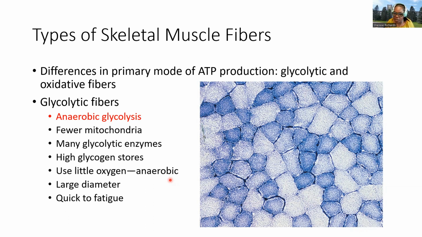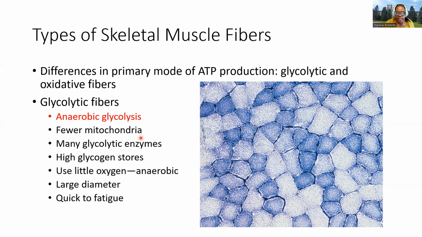Bodybuilders have big muscles, powerful contractions. They're going to be having more predominance of glycolytic fibers, which can power quickly, but also relax quickly. And so we're going to see mainly glycolytic fibers, but we're also going to see a little bit of oxidative sprinkled throughout.